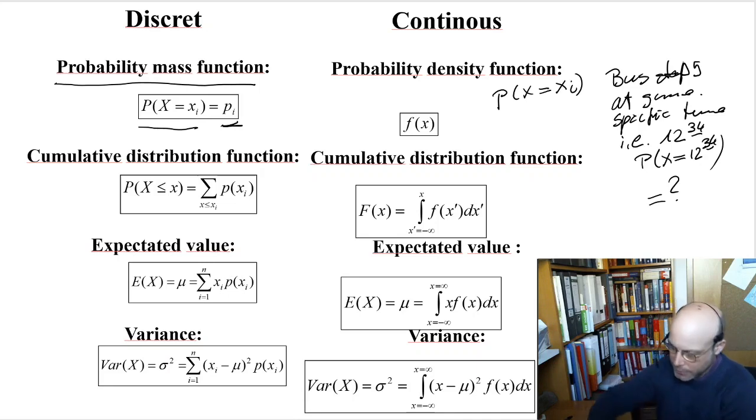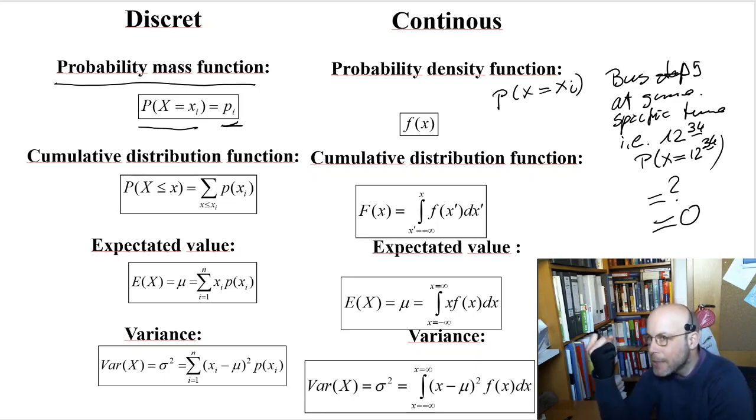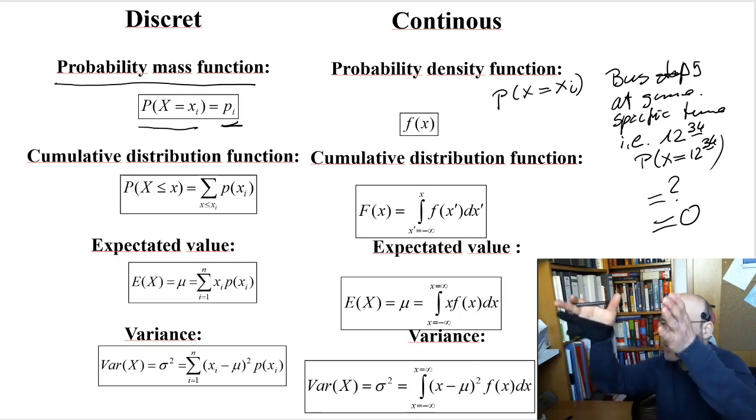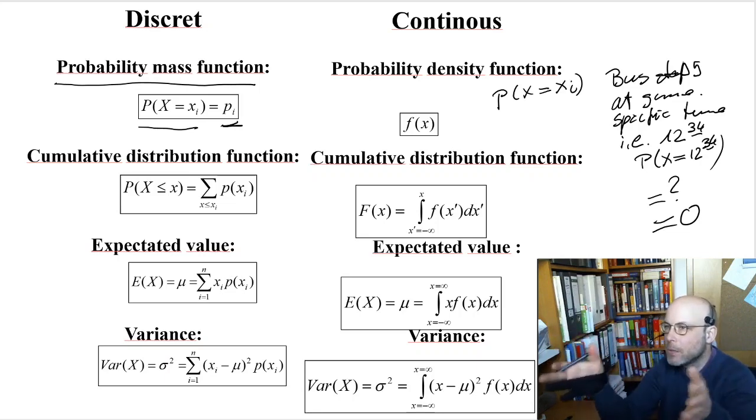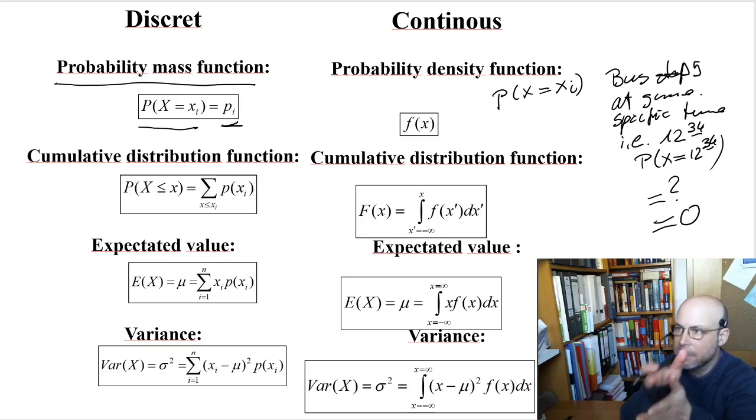Didn't you do this in your statistics class? Then the probability is just zero because we have uncountably many events within this continuous interval. And so we cannot say that some specific event has any probability.